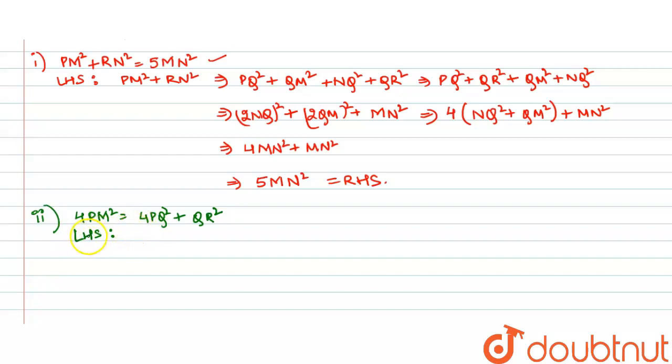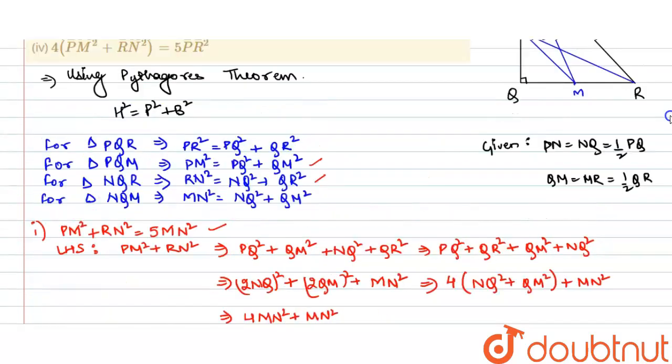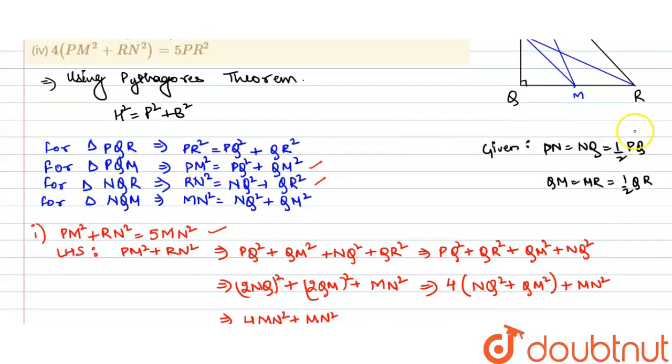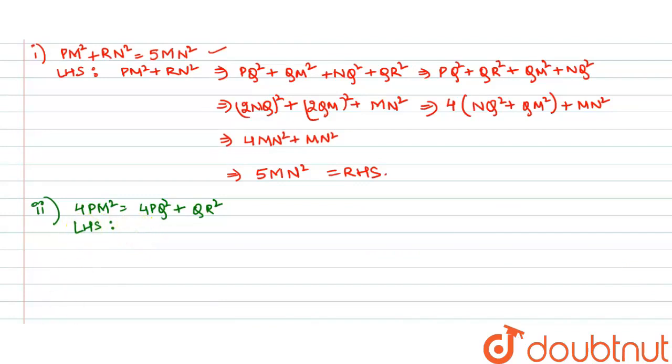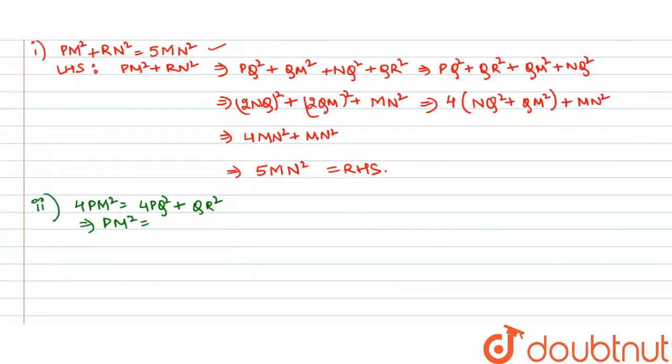But before that I will take this equation first. So PM square is equal to PQ square plus QM square. So instead of LHS I will write PM square is equal to PQ square plus QM square.